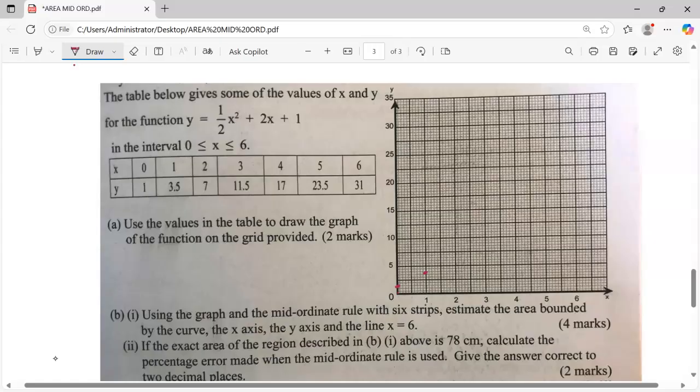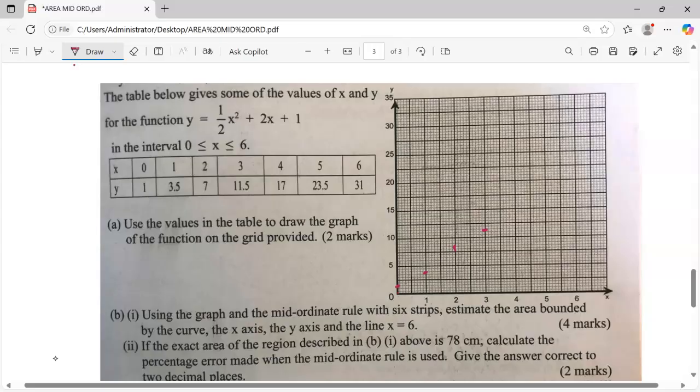And when x is 2, y is 7, at this point here. When the value of x is 3, y is 11.5. 11.5 is around this point here.